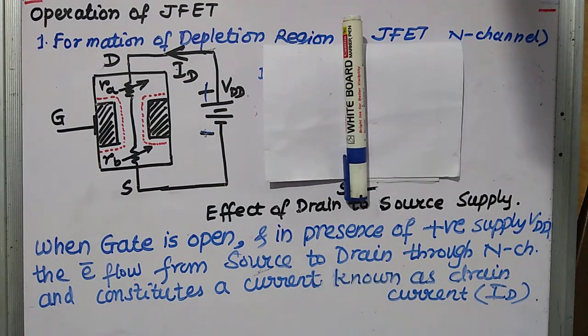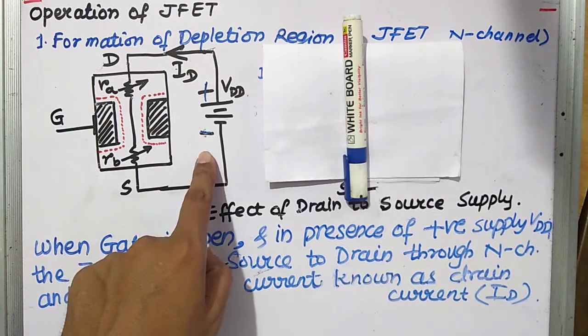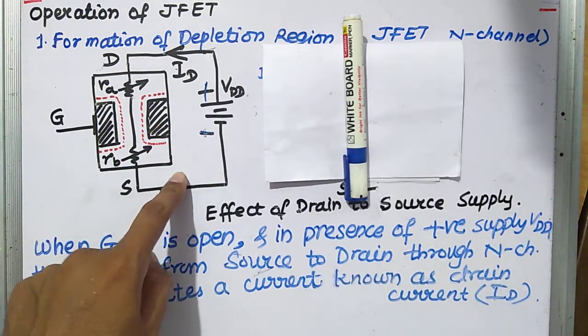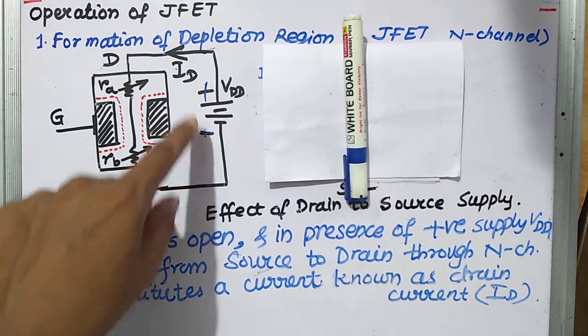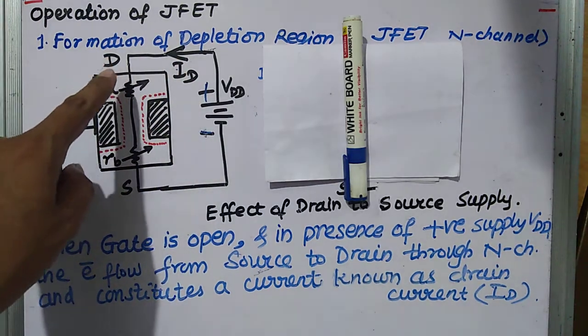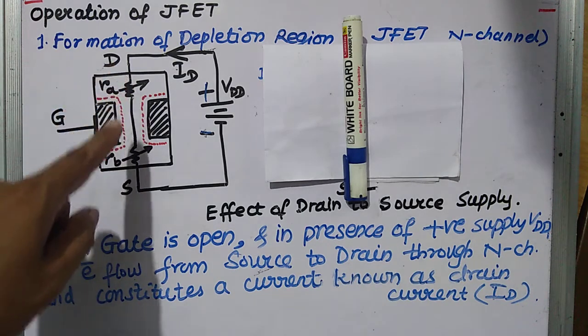As the gate terminal is open, we have applied the supply voltage from drain to source. Drain is positive, source is negative. So a current called drain current, represented by ID, will flow from this drain to the source.